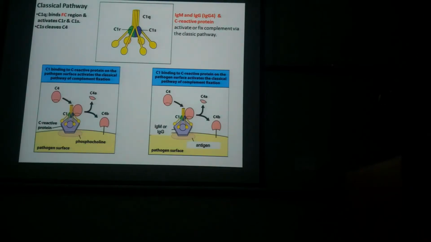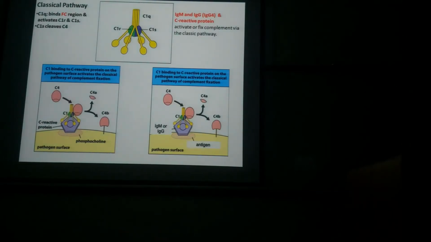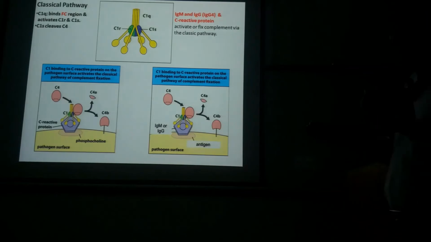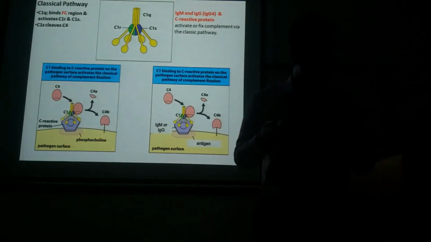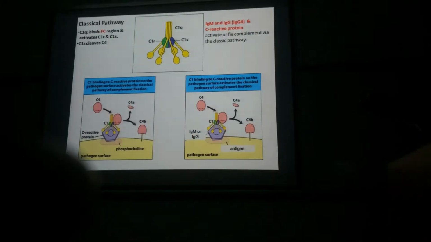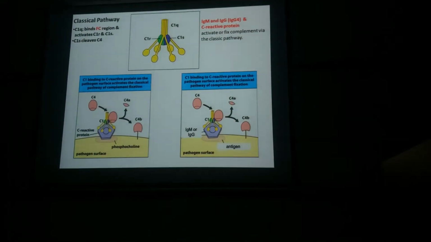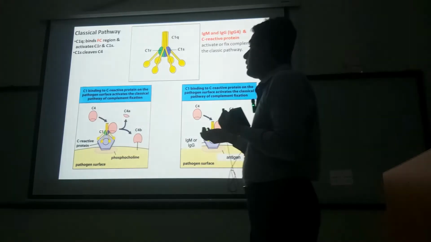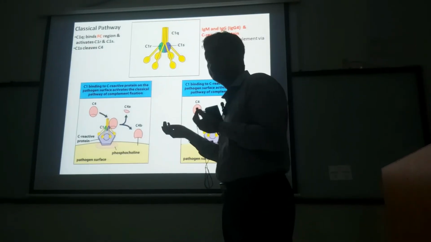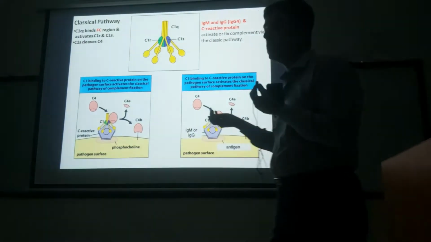Or the C1 complement can also recognize an immunoglobulin, whether this is IgM or IgG. IgM antibodies are secreted during the initial phase of infections. Both these assemblies are a perfect invitation for the complement factor 1, which is already present inside the body.